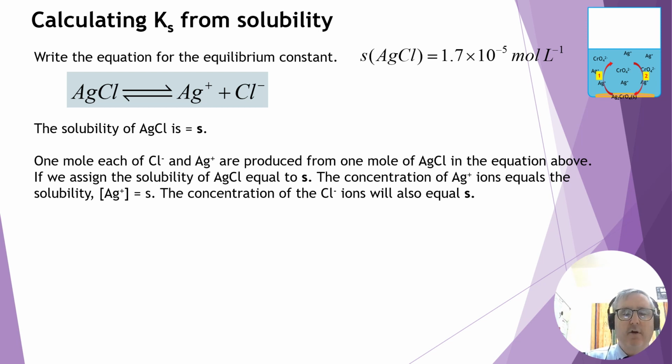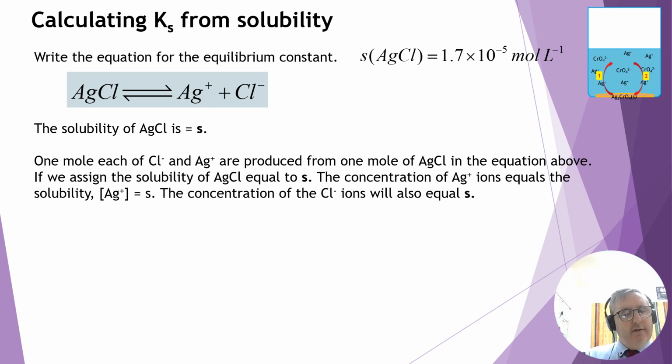For every 1 silver chloride, we get 1 chloride ion. So the concentration of silver chloride that dissolves is equal to the concentration of silver ions that are apparent afterwards. And it also equals the concentration of the chloride ions.